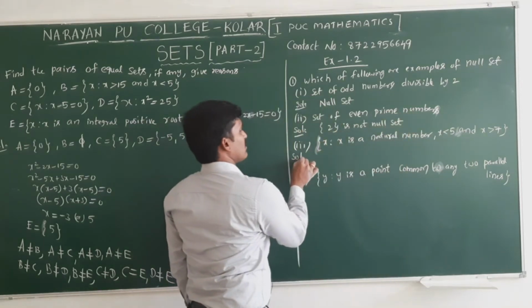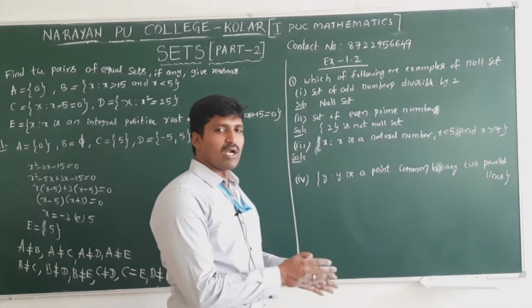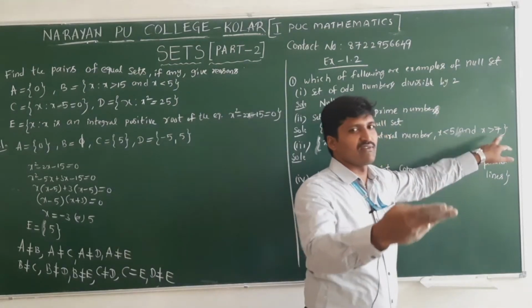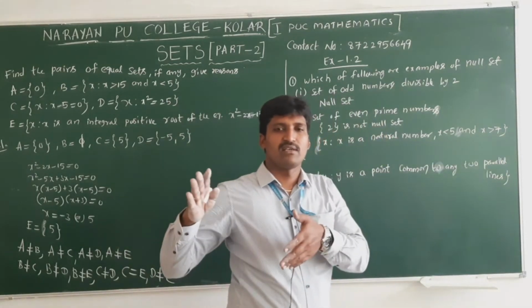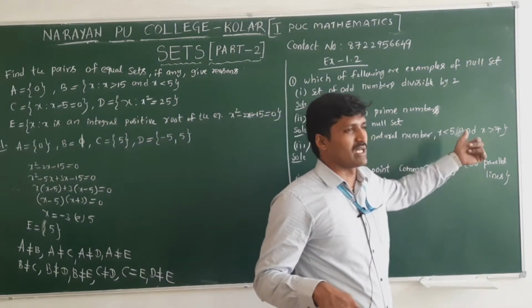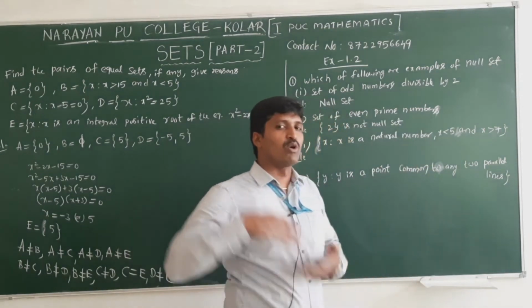Third one. X is a natural number less than 5 means you will get 1, 2, 3, 4. X greater than 7, what will we get? And so on up to infinity. Both conditions should be satisfied here: less than 5 and more than 7.